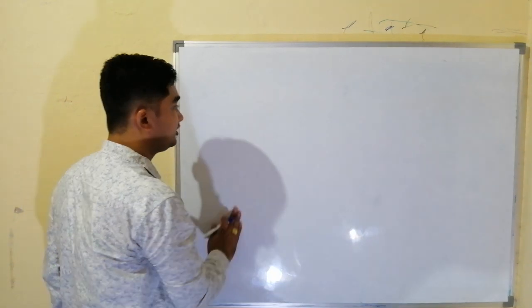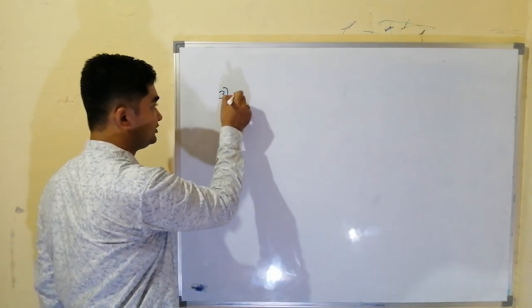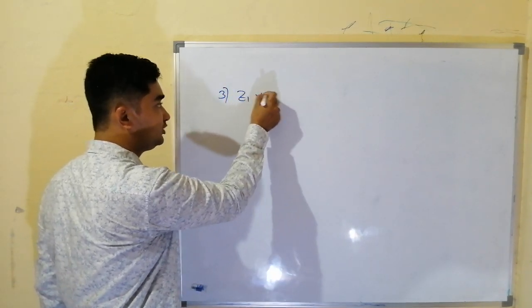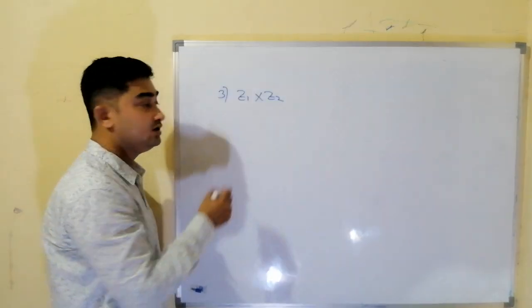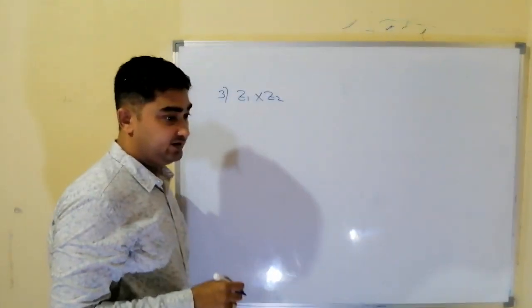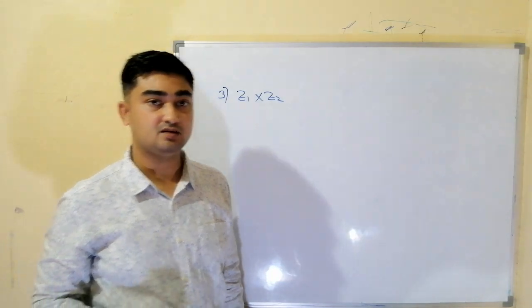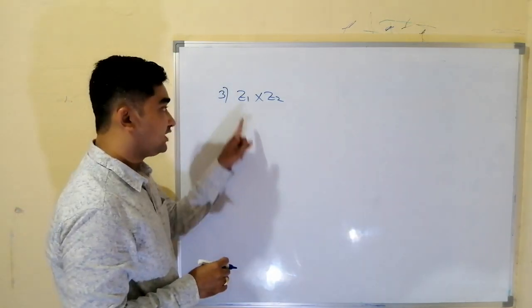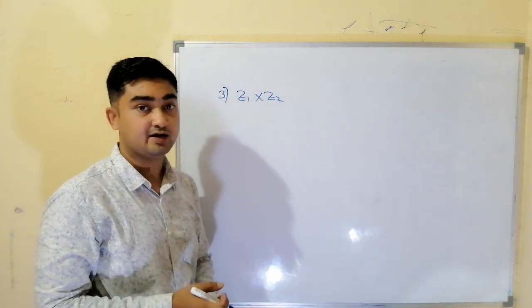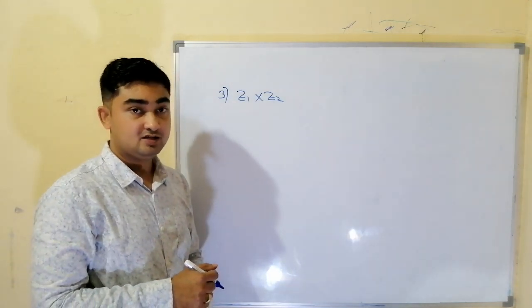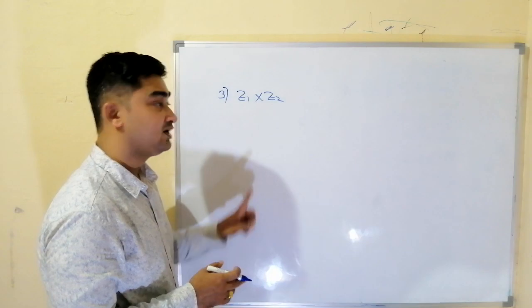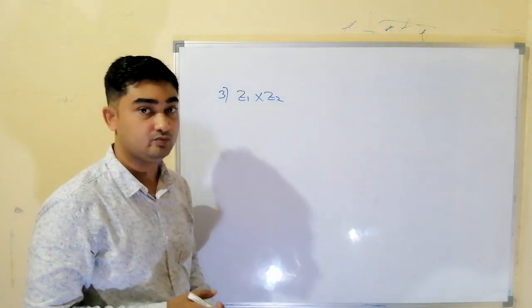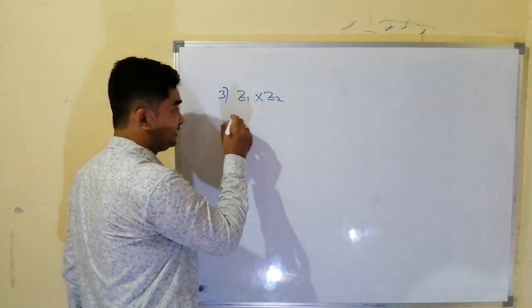So now we will learn how to multiply complex numbers. Z1 into Z2. But whenever we are multiplying complex numbers, it is better to write complex numbers in modulus argument form. It is not necessary, but it is better. Why?